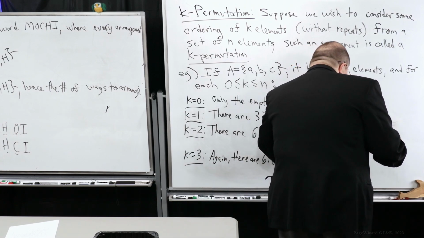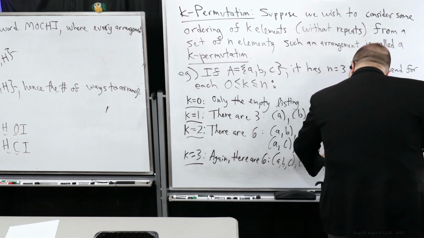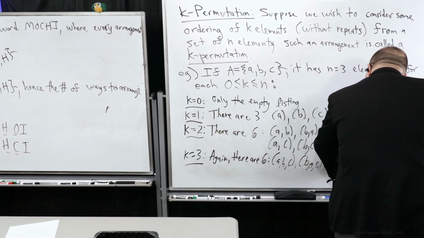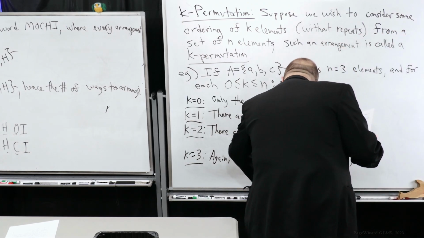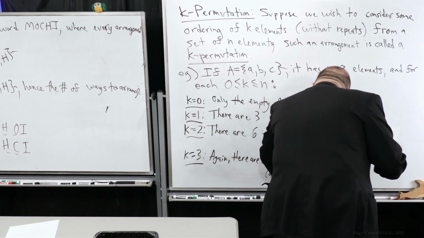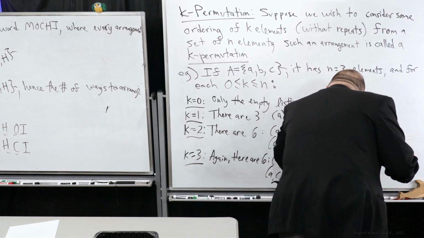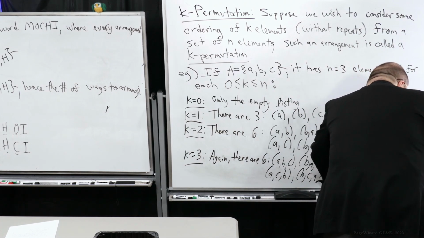We have A, B, C. We have B, A, C. We have C, A, B. We have A, C, B. We have C, B, A. I'll tell you up front that this is actually a fairly easy example.